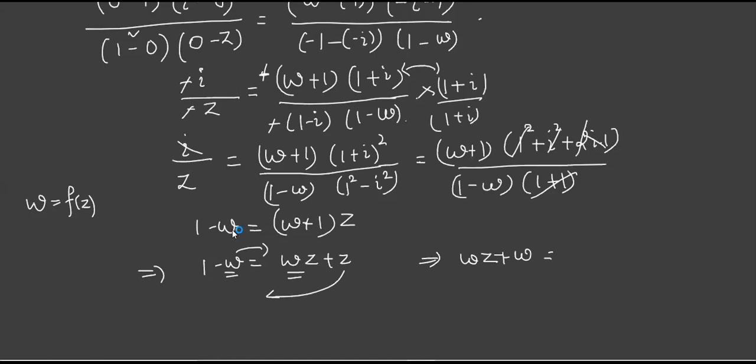This plus z, if I shift, already what you have is 1. If you shift plus z, it becomes a minus z. Hope the part is clear. Now, what is common here? w. So I'll get it as w times (z plus 1) equal to 1 minus z.